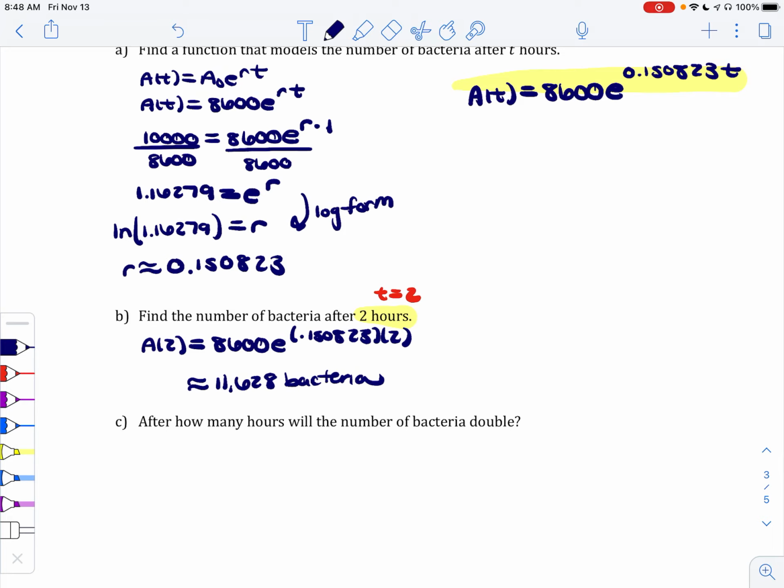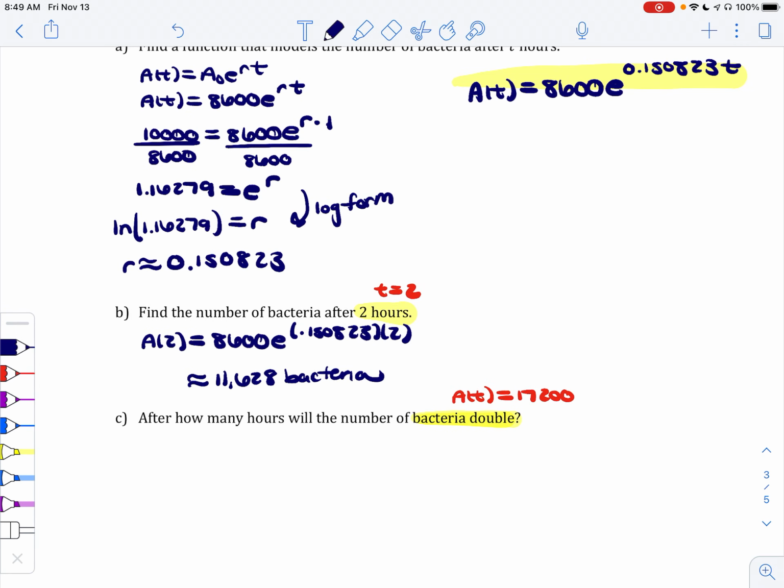Part C then says, after how many hours will the number of bacteria double? We know that we're starting with 8,600 bacteria. So if we're looking for our bacteria to double, that means we want our A of t to be twice 8,600, so that would be 17,200, and we're looking for after how many hours, so we're solving for t.